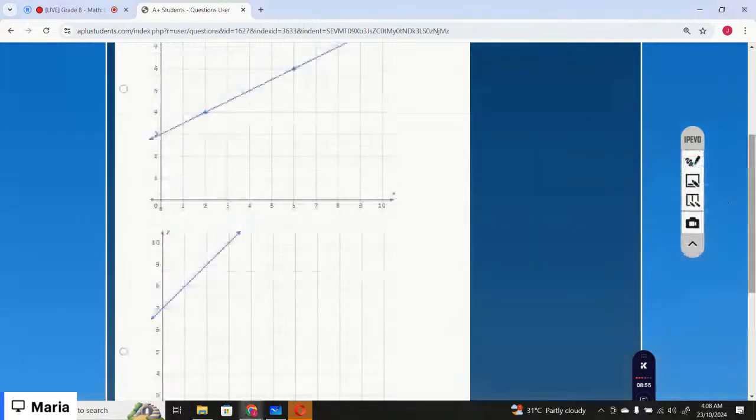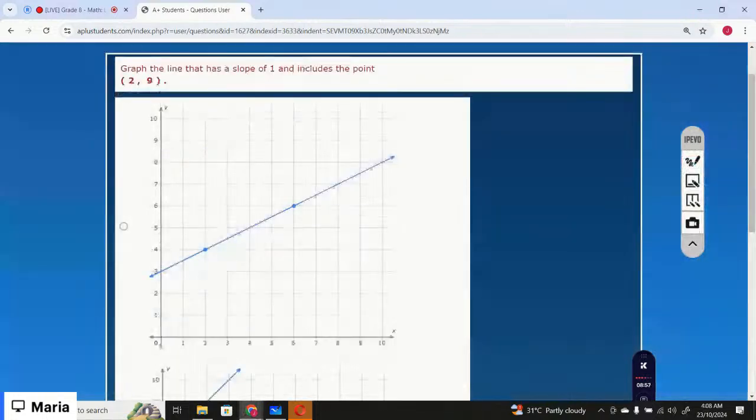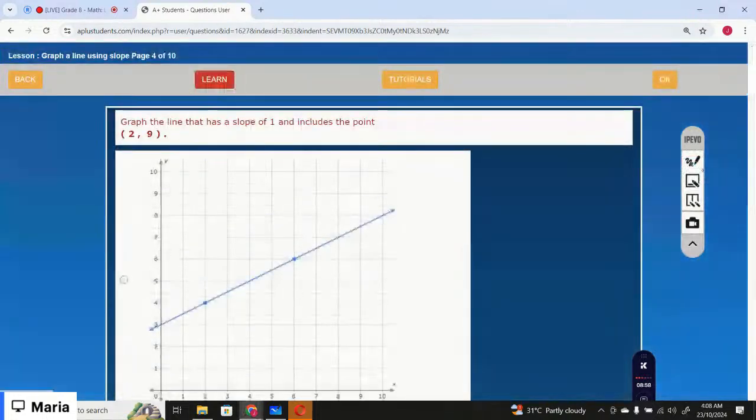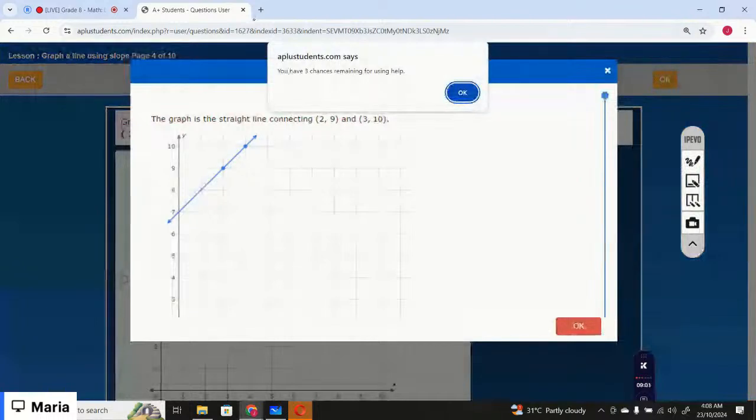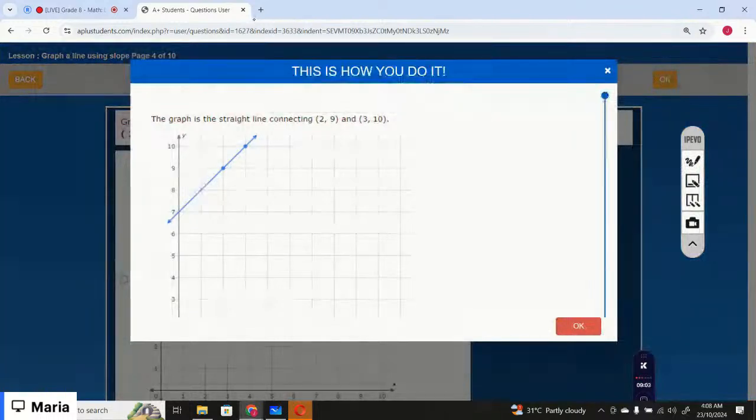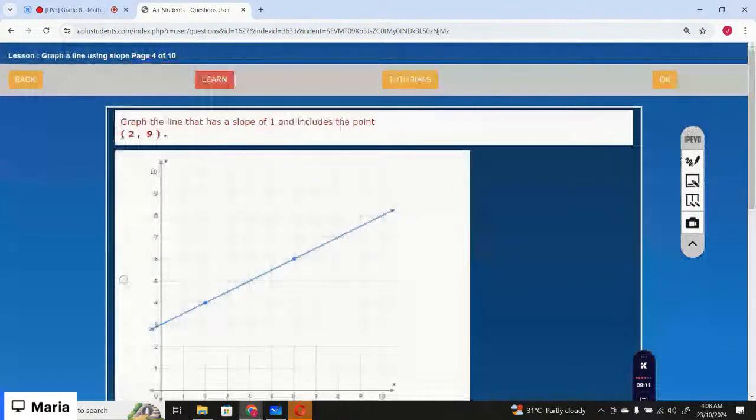Let me just see. You have 3, 10, 3, 10, right? This is not 1, 1. This is 3, 10. Here you are given the different questions and here you are given the different slopes. Let me just tell the administration.